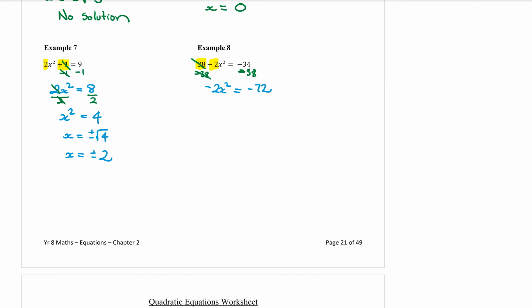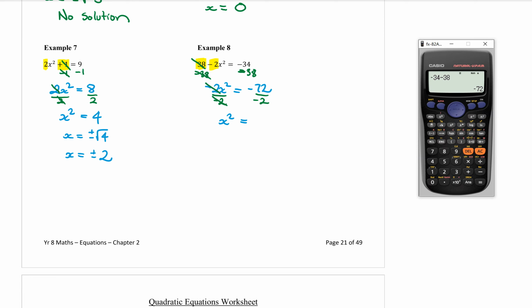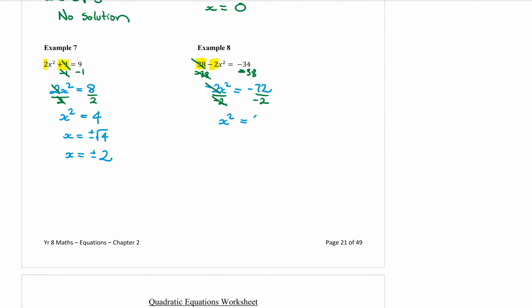Okay, now we want to get rid of the negative 2 in front of that x squared. It's times with the x squared, so I need to divide by negative 2. Cancel that off. X squared is by itself. Negative 72 divided by negative 2 makes a positive 36.